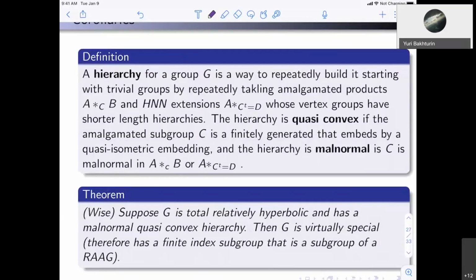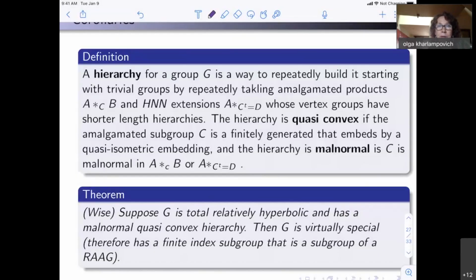Maybe the fact itself that it acts freely on a lambda tree implies that there are finitely many or that they are good enough, because it also implies the existence of some splittings with amalgamated products and HNN extensions. But this has to stop. If this sequence of splittings stops, you guarantee that it's finitely presented.